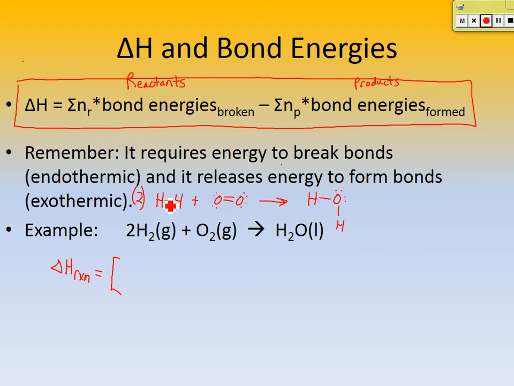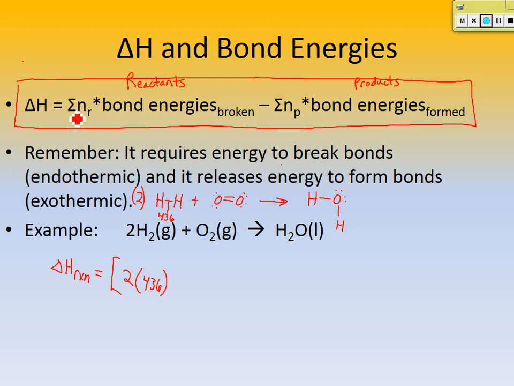How much enthalpy is found in that bond? 436. But I've got a 2 right here. That 2 goes for the number, so I'm going to put a 2 times this bond, which has a value of 436 kilojoules. So that's all we do.